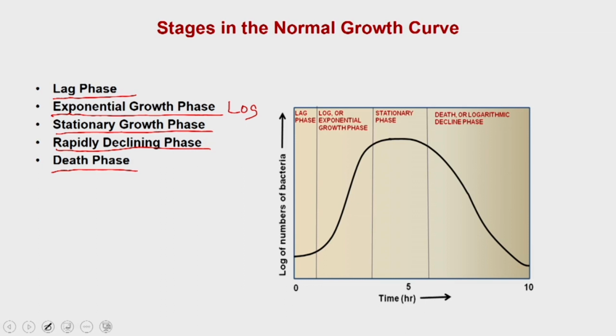As you can see, it is the log of number of bacteria versus the hours, and it has a lag phase, then the log phase, then the stationary phase, and ultimately a decline phase as well as the death phase.